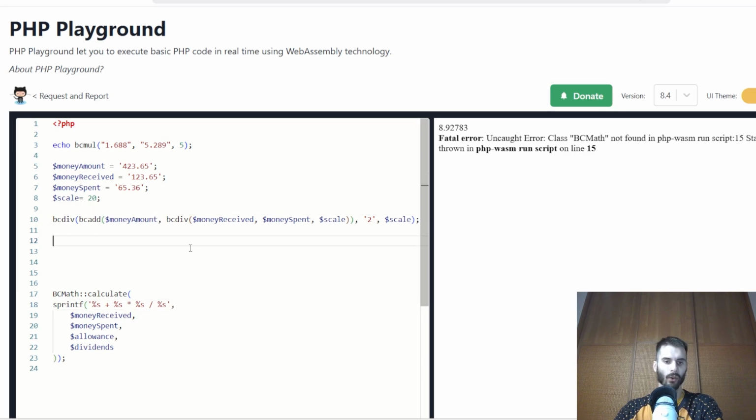And you get all the goodness of BC math functions and having the possibility of understanding what is being calculated.